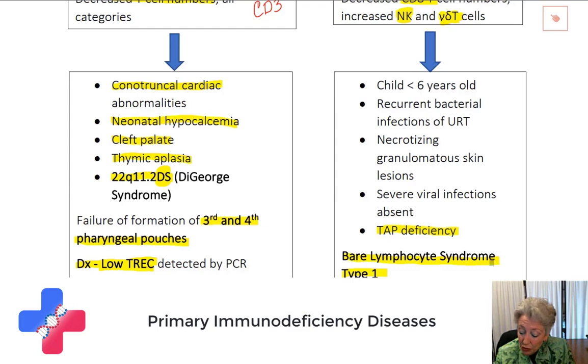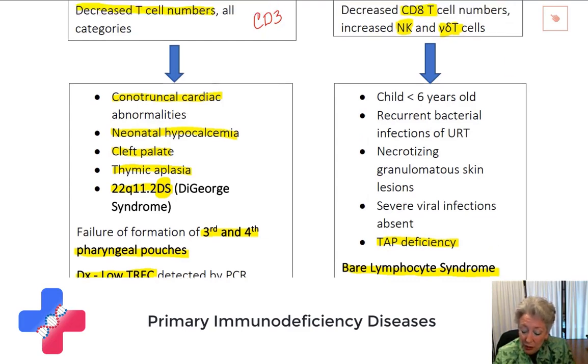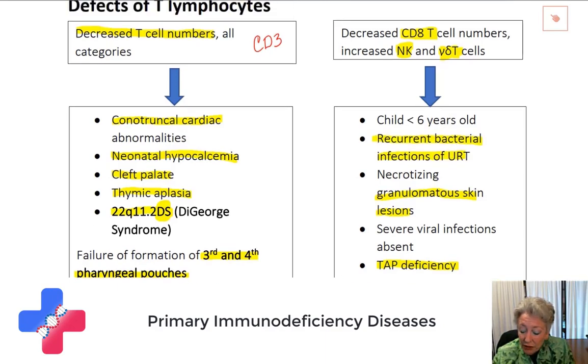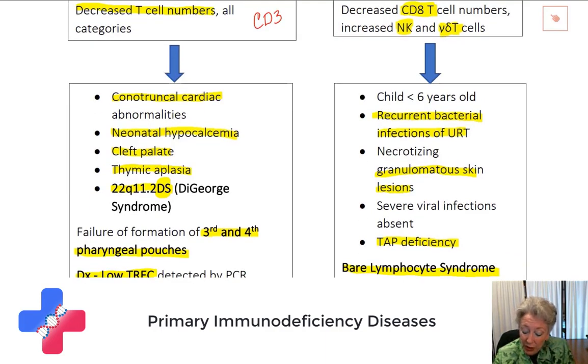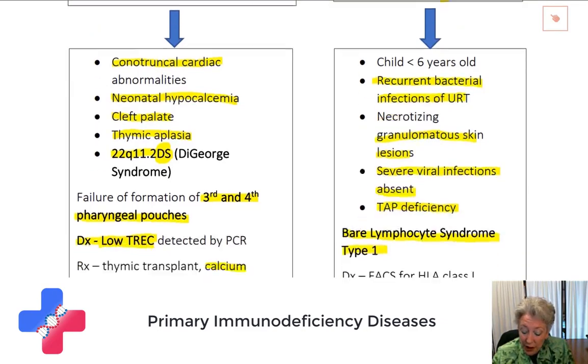So I think it shouldn't surprise you that I'm going to have problems in these patients with the skin. I'm going to have problems with the respiratory tract. And in addition, because of the fact that I can't make high numbers of CD8 cells, over time I will have very severe infections with viruses.